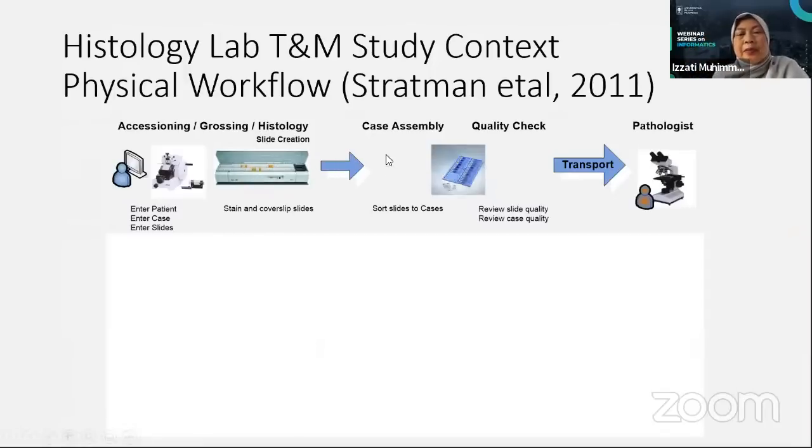Then the information needs to be labeled, giving a barcode with the name of the patient, the stain that was used, and what part of the cell was taken, and then after that it is transported to the pathologist. In primary care, transport can be just moving to another desk in one room.